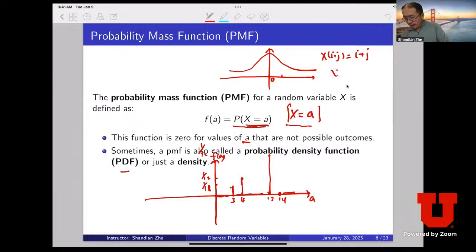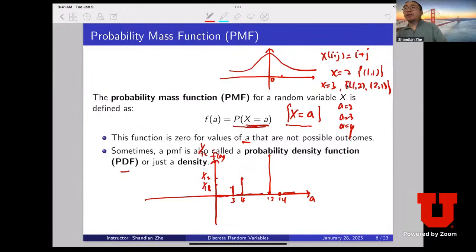So if I look at x equals to 2, it will only have one pair, right? In the sample space, which corresponds to this event, right? So if x equals to 3, you're gonna have two pairs, 1, 2, 2, 1, right? If x equals to 4, you're gonna have more pairs, which we're not gonna enumerate. But it means that if you choose A equals to 2, A equals to 3, A equals to 4, you're gonna have different events.